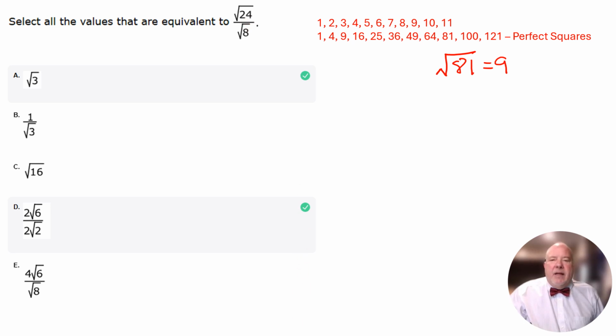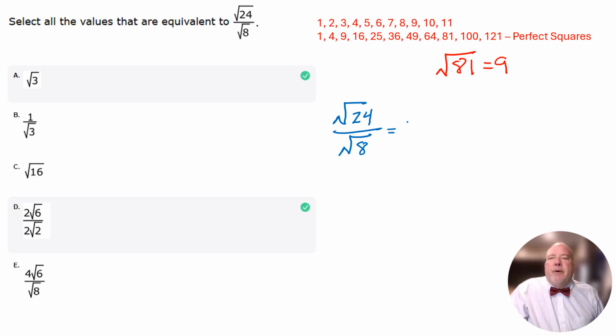Okay, so let's go ahead and do that. So I'm going to take the square root of, let me just write down the question. So I have the square root of 24 over the square root of 8. And when you're simplifying, what you're trying to do is pull out any perfect squares, pull out any whole numbers that you can get out of the radical.